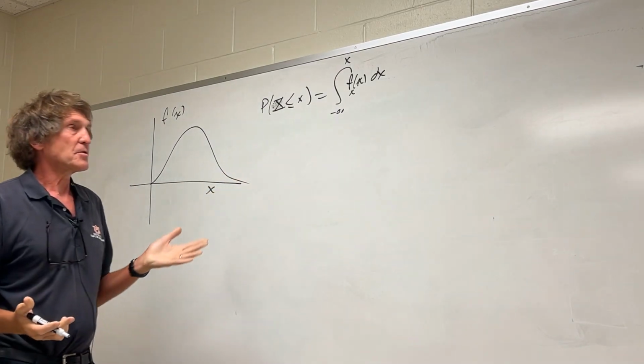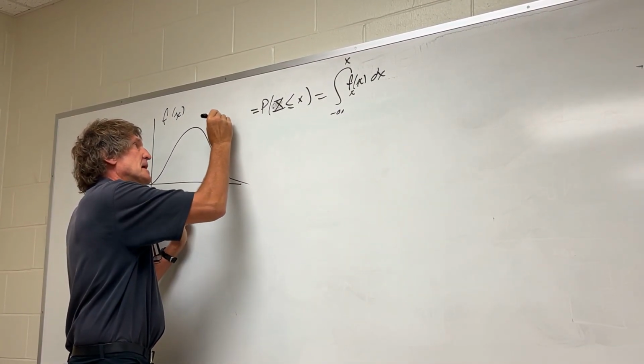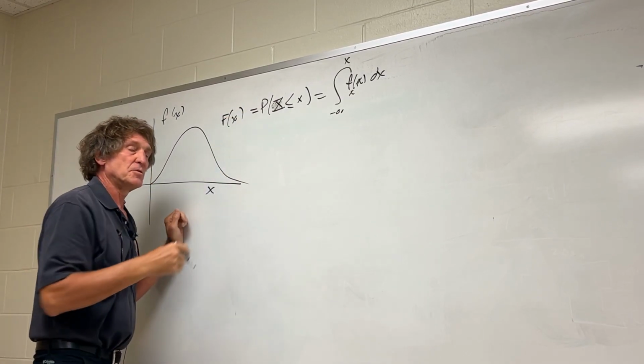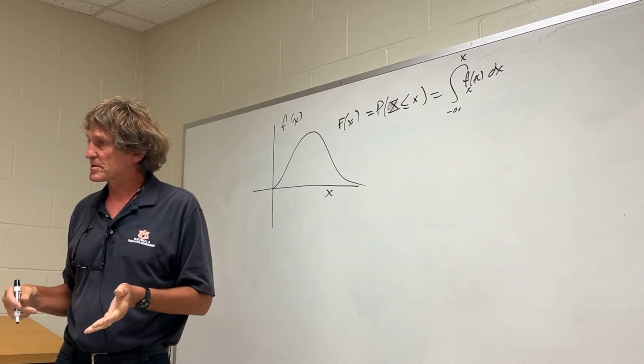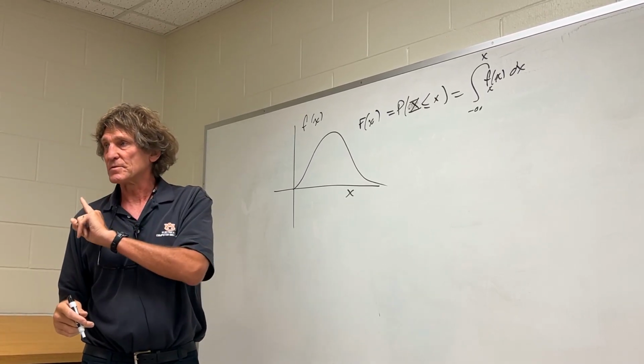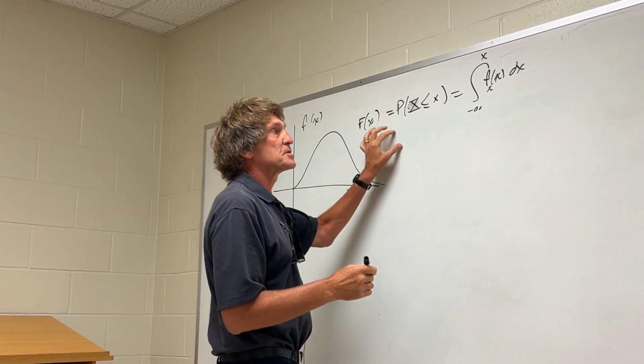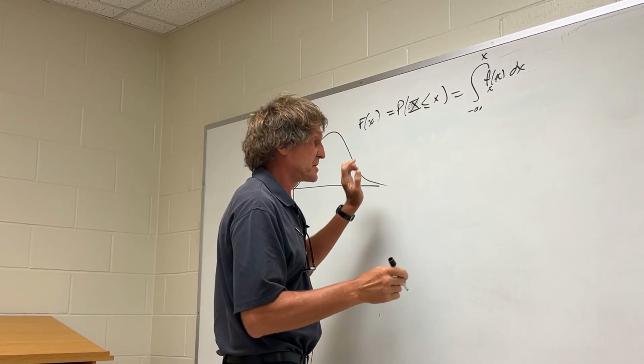This is usually given as capital F of x, the cumulative distribution function. Do you all remember this, class? And in the limit, as x goes to infinity, it becomes 1. The area under the curve is 1. That's all it is. So this is for a single density function.